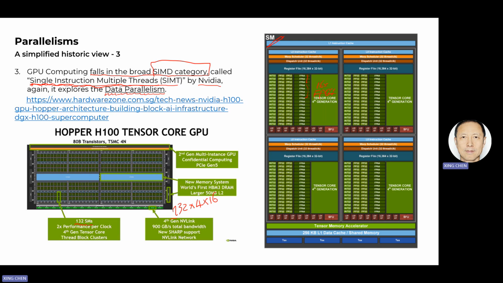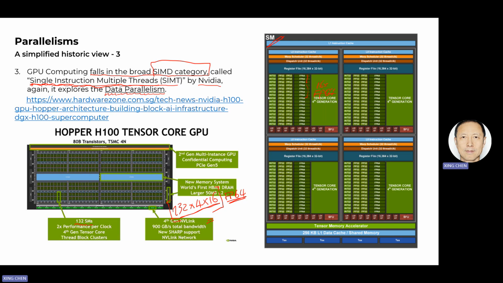That means you have floating point 64 units. That means each GPU has the possibility to do that many calculations at the same time. Let me do a calculation: 132 multiplied by 4 by 16.